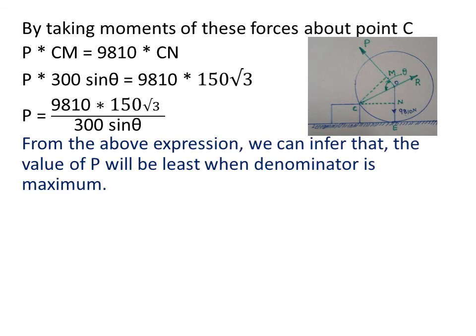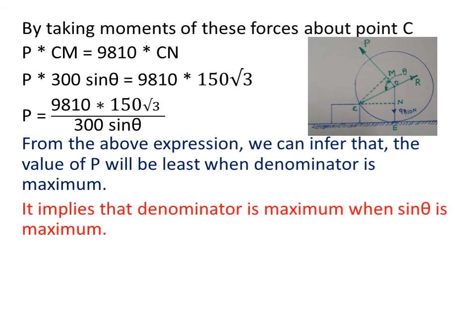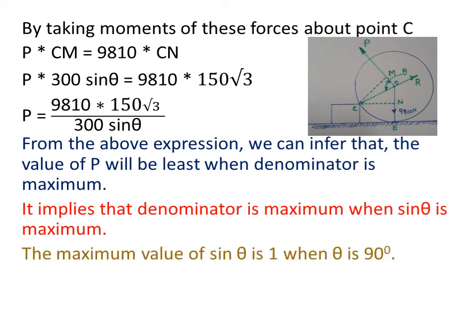The value of P will be minimum if the denominator is maximum. So denominator maximum means sin theta should be maximum. Sin theta will be maximum when theta is equal to 90 degrees.